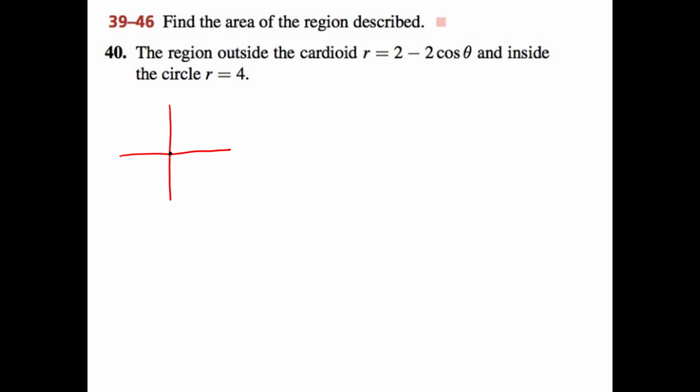2 minus 2 cosine theta. Okay, so when theta is pi over 2, you end up at an r value of 2. So you're up here.